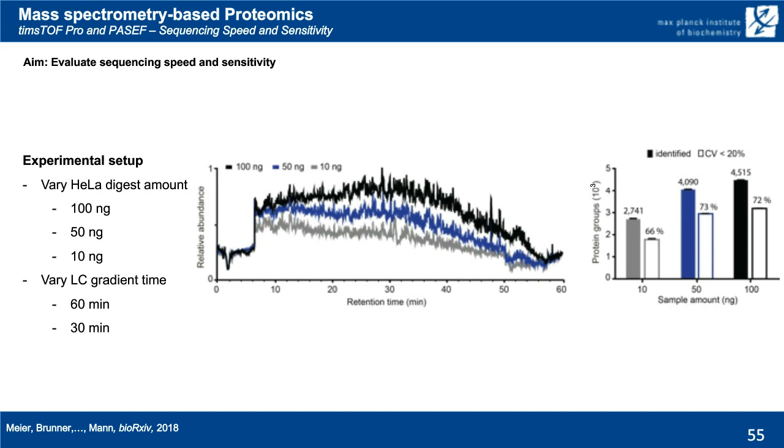So this means we are sequencing so fast that we are still able to identify a huge portion of the proteins that longer LC gradients yield.